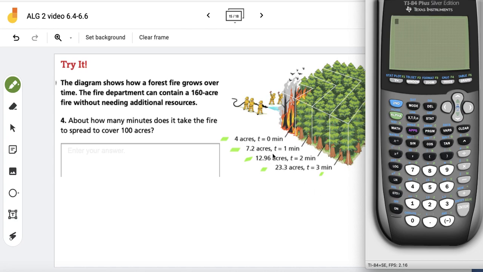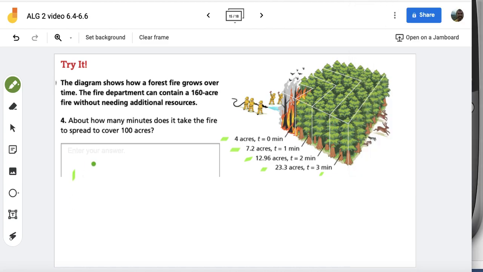If I divide 23.3 by 12.96, I get 1.797, or roughly 1.8.